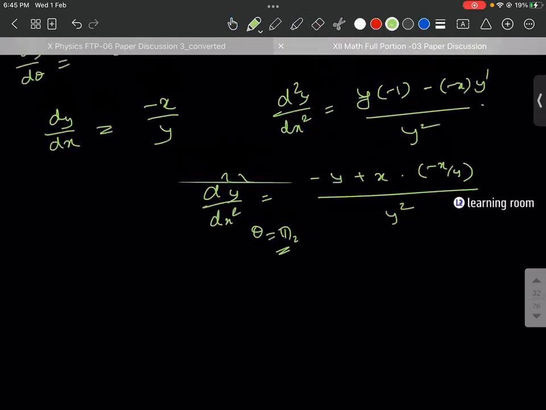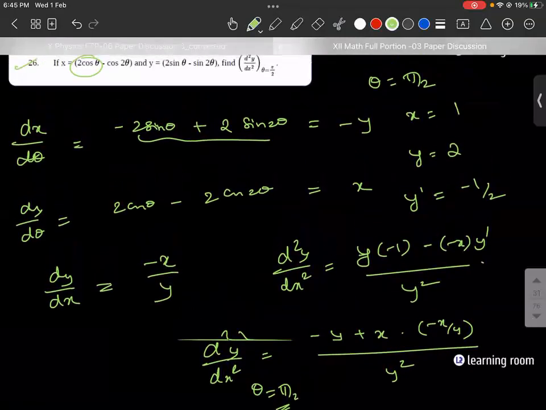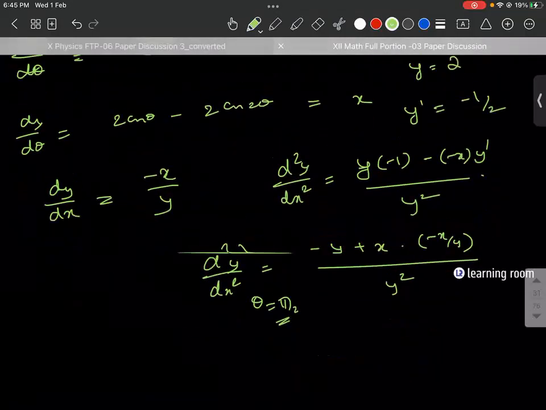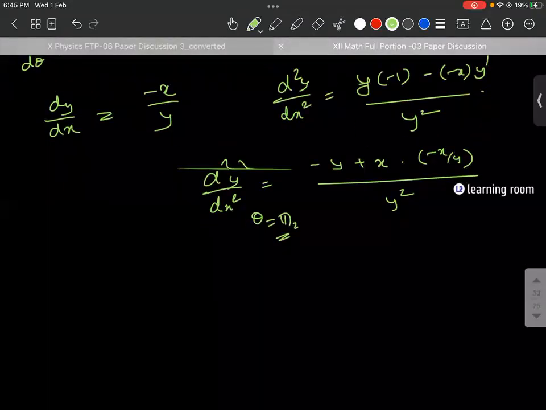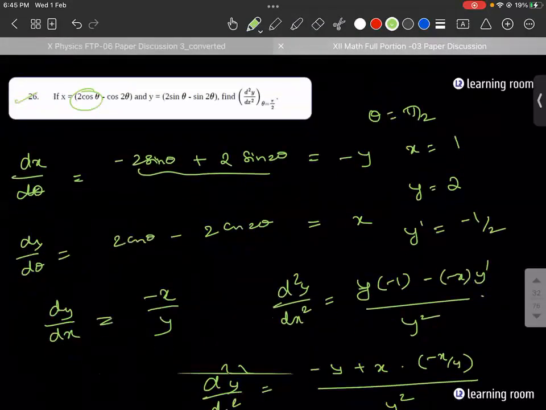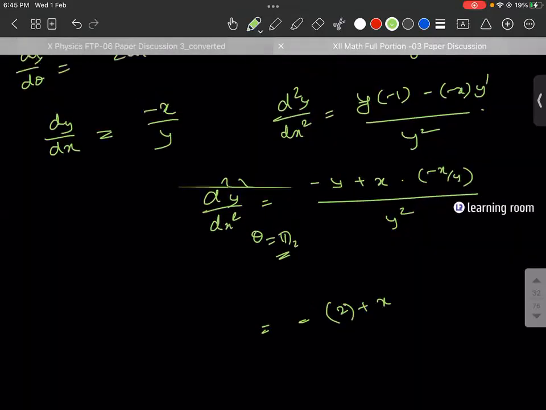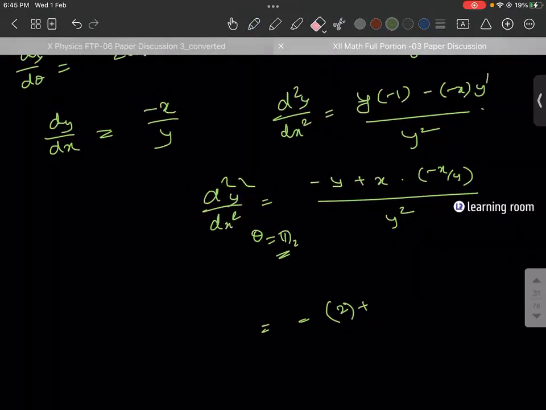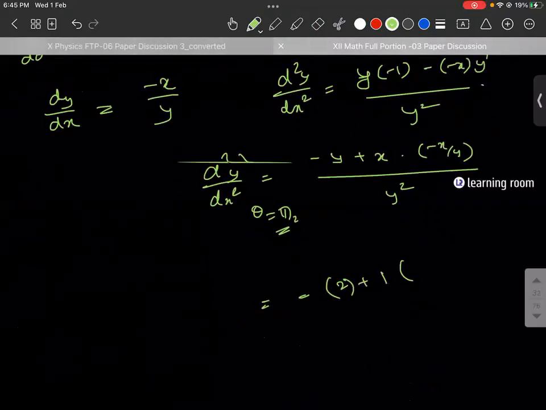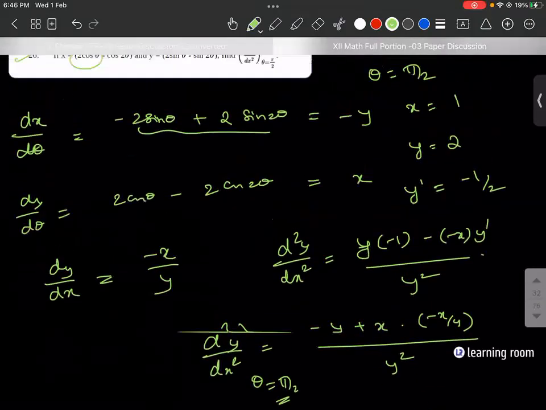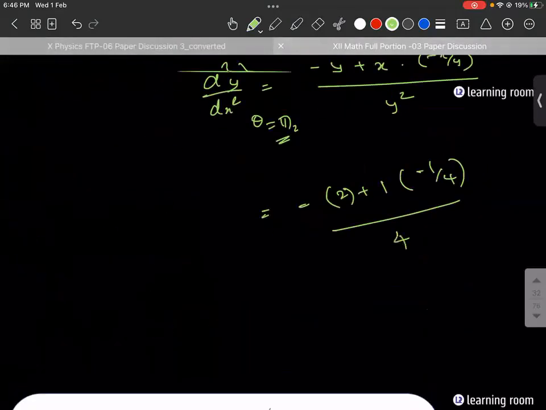So minus y plus x into minus x by y, correct? So minus of y is 2, plus x is how much? 1 into minus 1 by 4 divided by y square, which is 4.